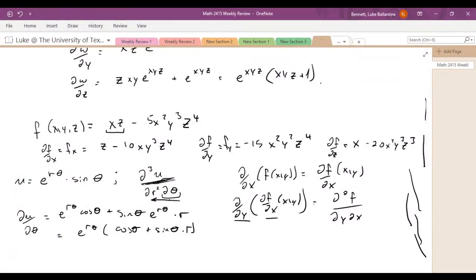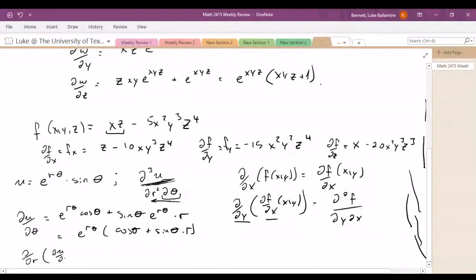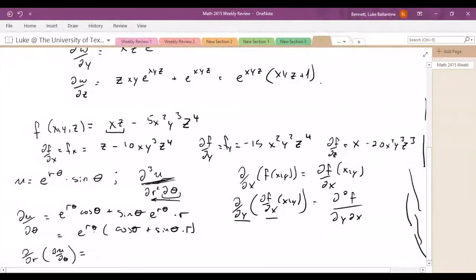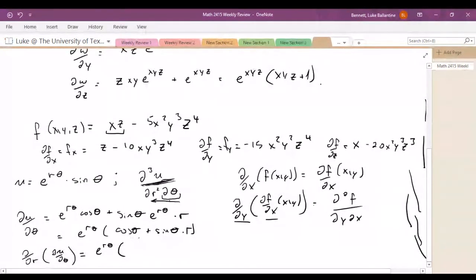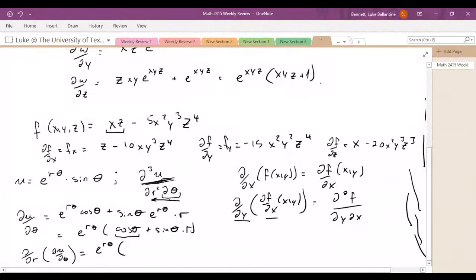Now we need to take the partial with respect to r of the partial of u with respect to theta. So now we need the product rule. We have the first times the derivative of the second. Well, the derivative of cosine theta is just 0 with respect to r.